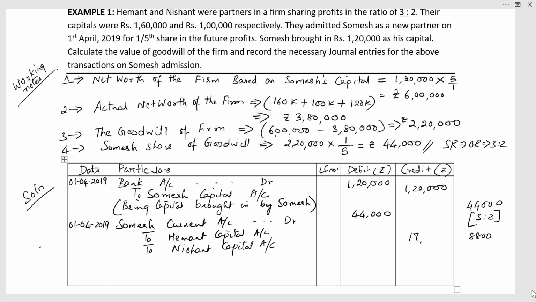Against Nishant, 17,600 and 26,400 against Hemant. Narration being goodwill adjusted at the time of Somesh's admission.